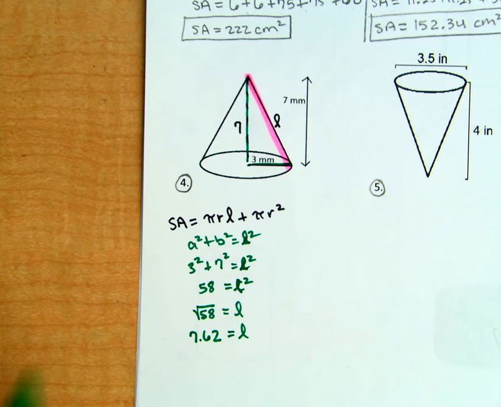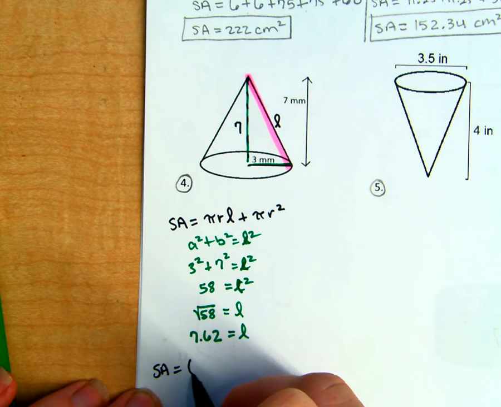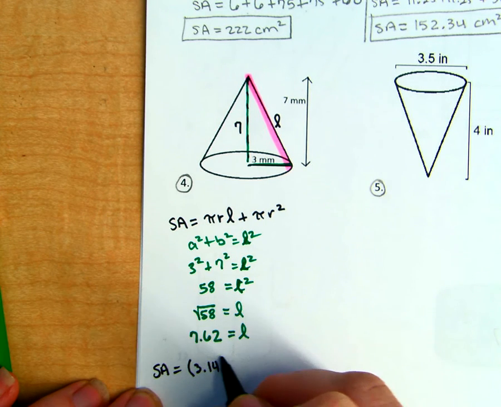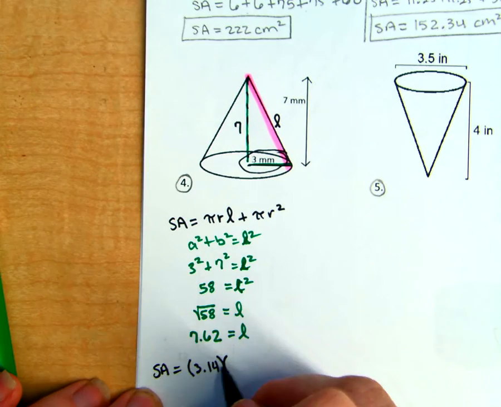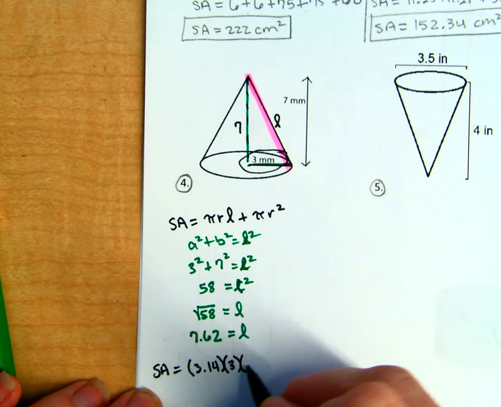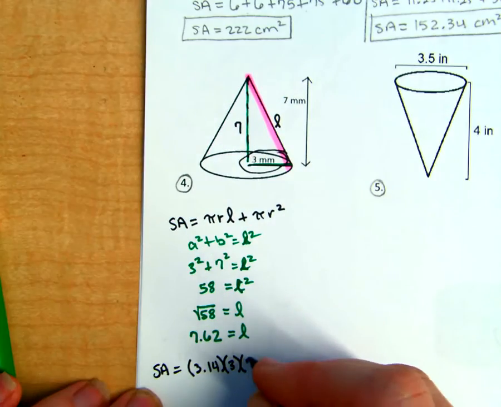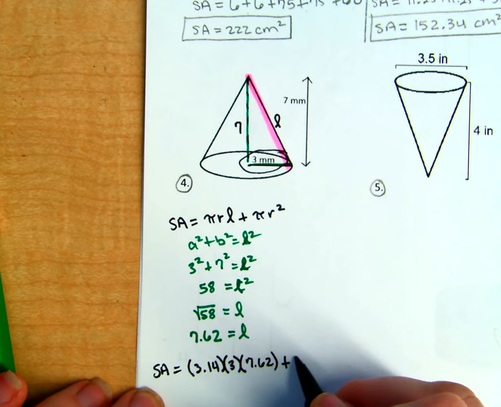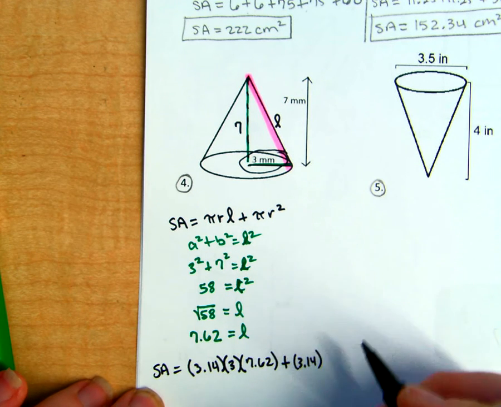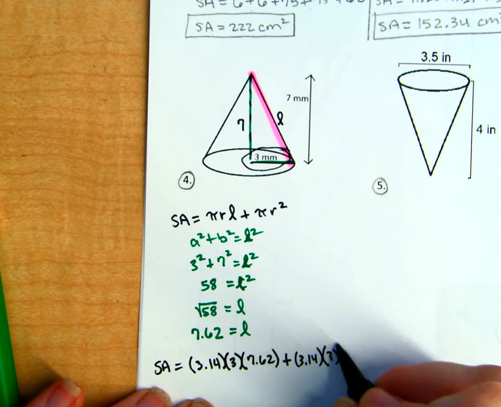So at this point, I can find surface area by doing pi, and I'll abbreviate 3.14, times my radius, which is given in the problem, 3, times my slant height, which is what I found. I solved for it and got 7.62, plus pi, and I'll abbreviate 3.14, times radius squared, or 3 squared.